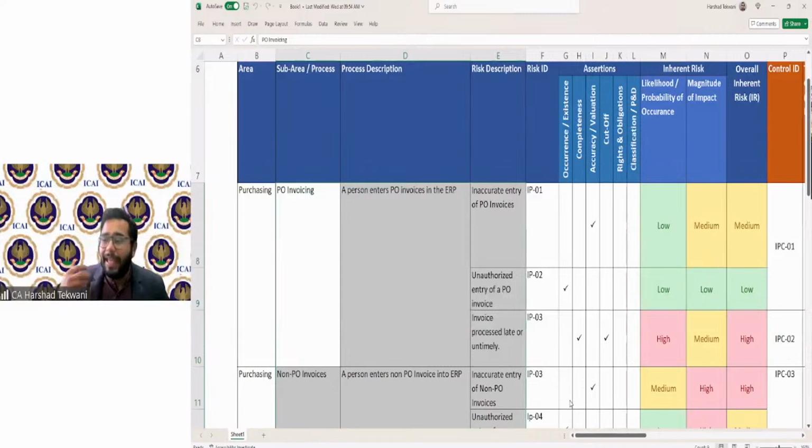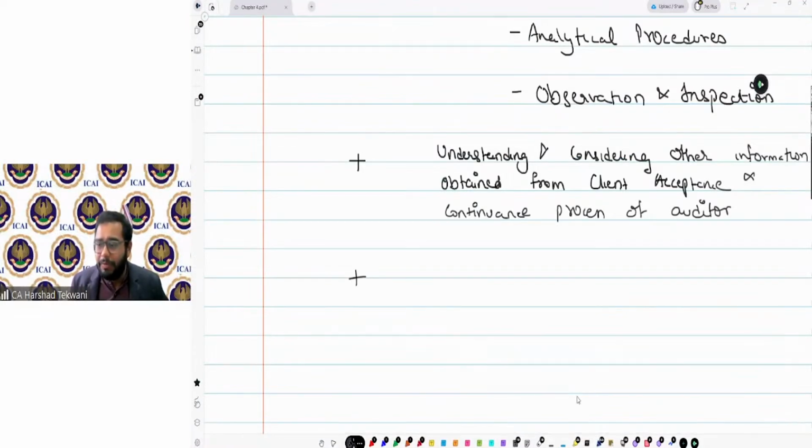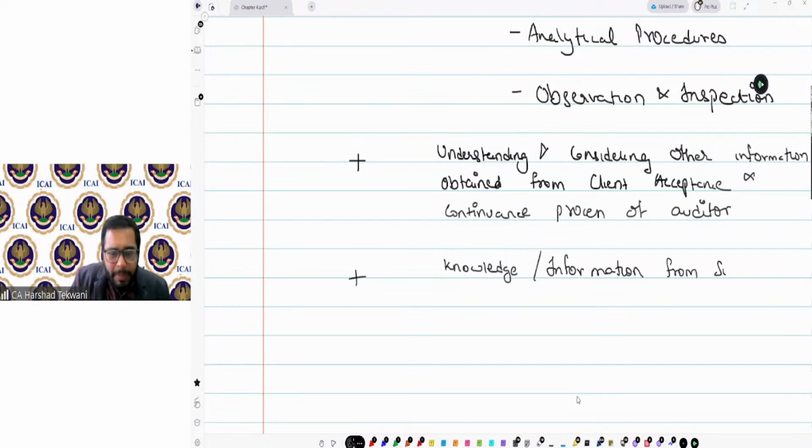Similarly, if the engagement partner has performed other engagements for the entity or has performed similar engagements, then the knowledge or information from that engagement, knowledge slash information from similar engagement or other engagement with the same client.